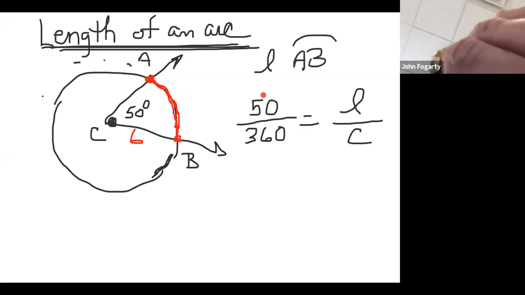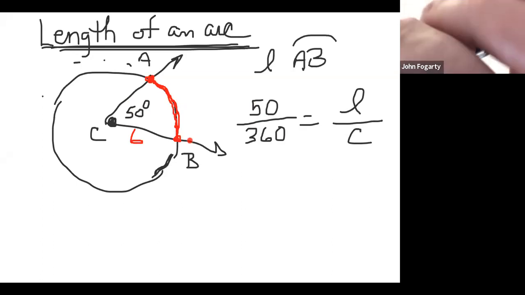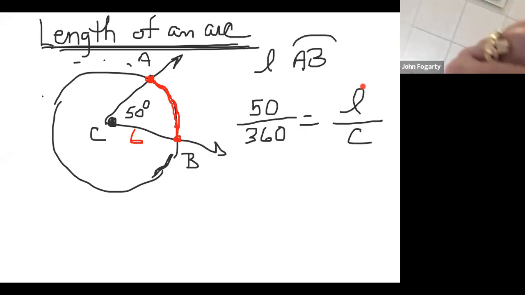Whatever that number is out of the full circle, the arc measure out of the full circle, has to be the same as how far it is from here to here, the length, out of the full circle. What do we call that? The circumference. That's all. That has to be true.